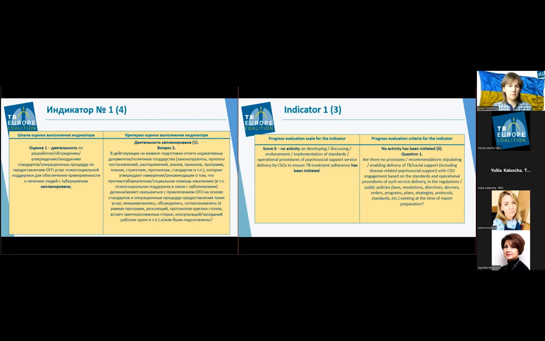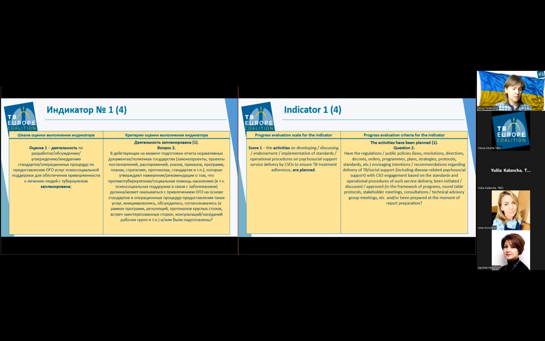Then score 1, we refer to it as intermediary score, but we believe that it is important to have it because it reflects the intentions of the country, because not always the documents already support the process of coordinating certain documents in the country. So score 1, it means that the activity has been planned.